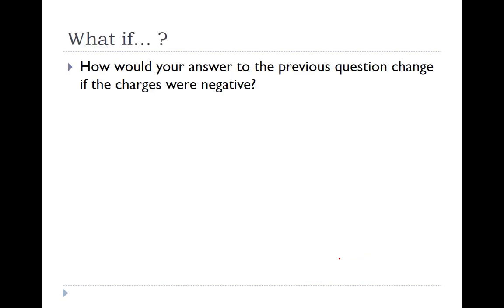Okay. So how would the answer to the previous question change if the charges were negative? It wouldn't. What would change? There would be subtle differences along the way during the process. So EA would still equal EB, which would still equal 8 times 10 to the 9th newtons per coulomb.